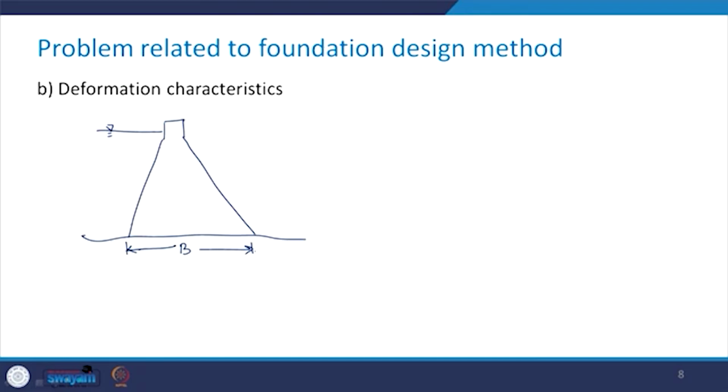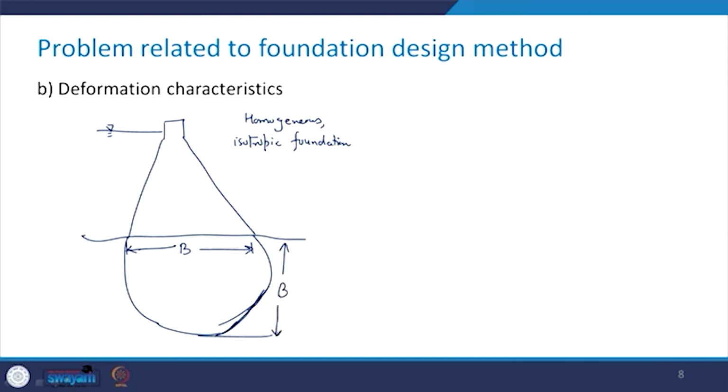Then in case of a homogeneous and isotropic foundation, this influence zone can be like this, where the extent can be equal to the width of the footing or the width of the base of the dam. So, this is how it will be in the homogeneous situation.